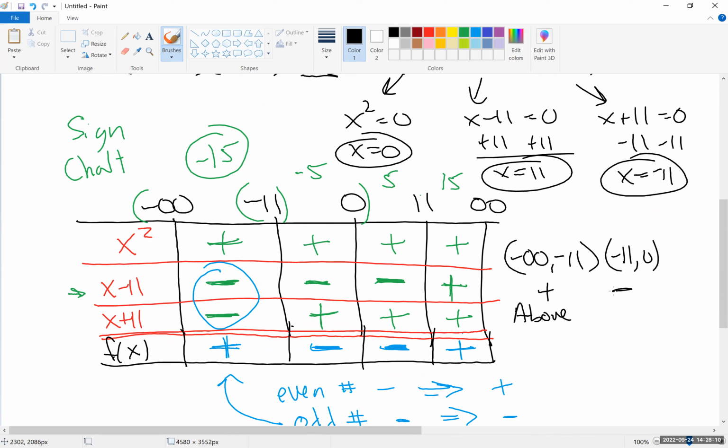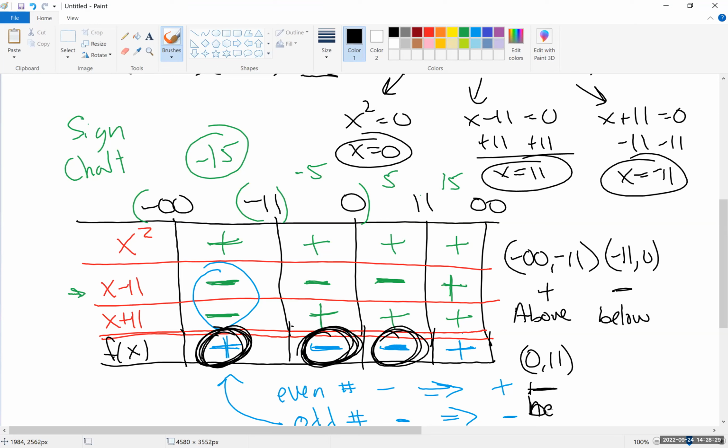From negative infinity to negative 11, we were positive. From negative 11 to 0, we're negative, so that means we're below the x-axis. The next one is from 0 to 11. That was also negative, which means we are below the x-axis. And the last interval is 11 to infinity. That is positive, which means we're above the x-axis.